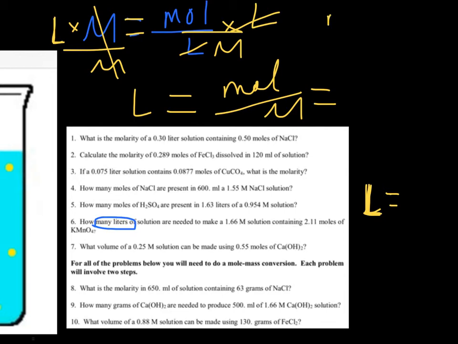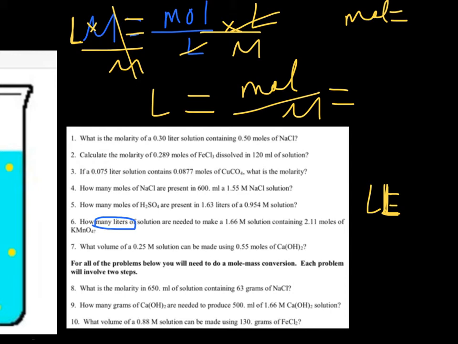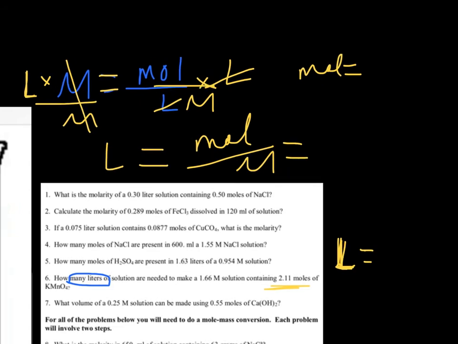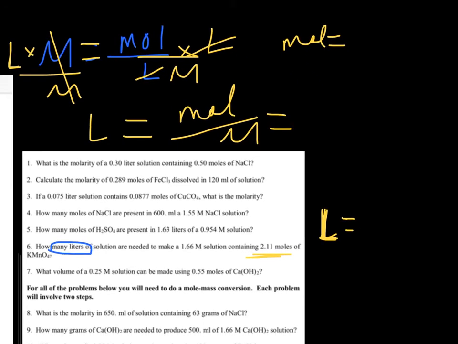And we can just plug that in. We know our moles value was 2.11 moles. So if we can move that down, there we go. It is 2.11 moles of potassium permanganate.